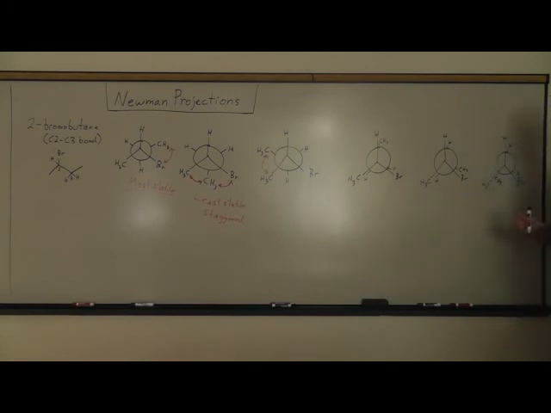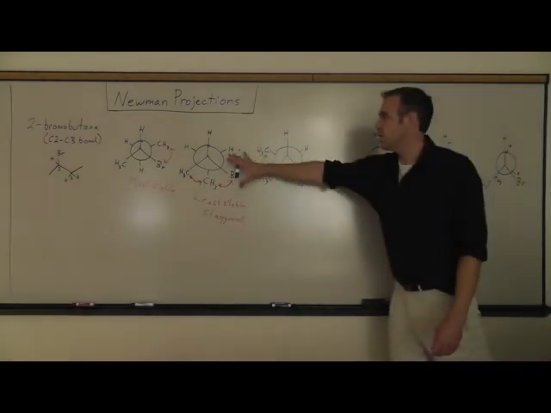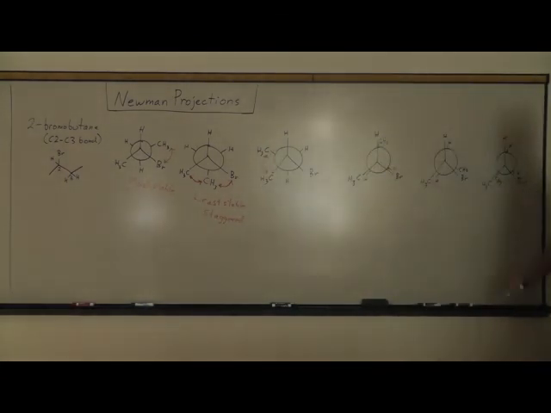And the same methodology we used here can be applied to these eclipsed conformations. So when we have our two methyl groups in very, very close proximity, eclipsing one another, that'll be the worst situation. Those are the largest groups, very, very close to one another. And so this will be the least stable overall.